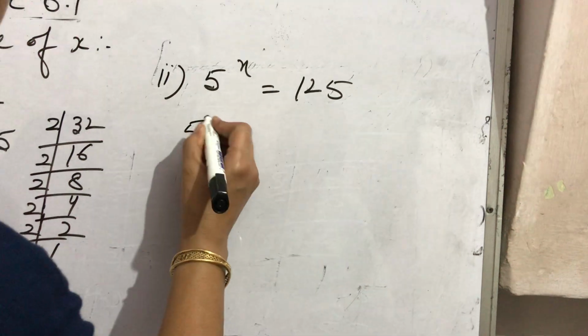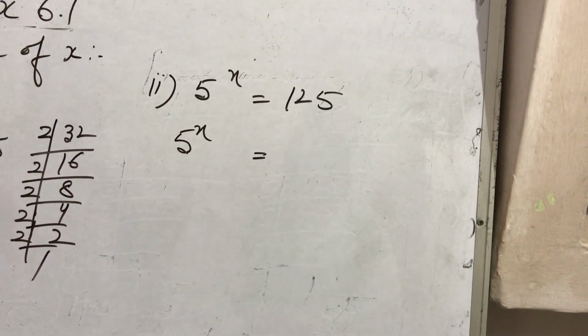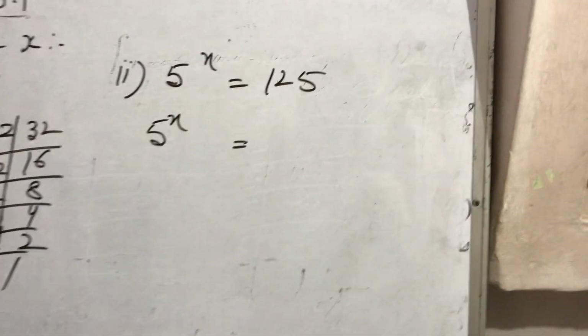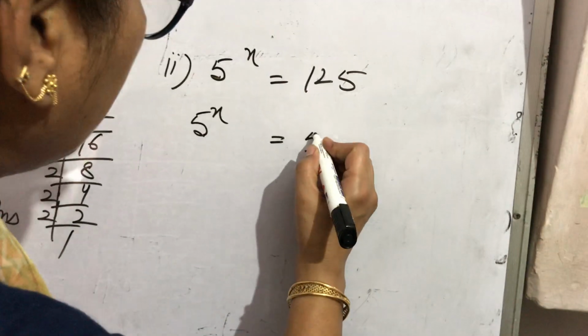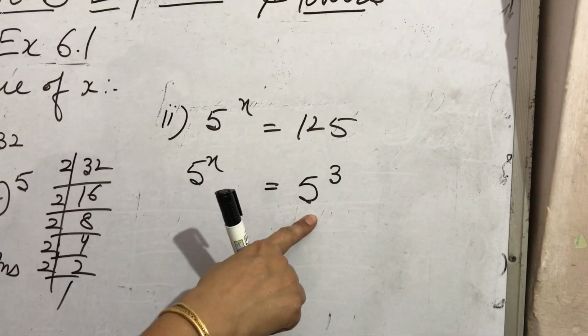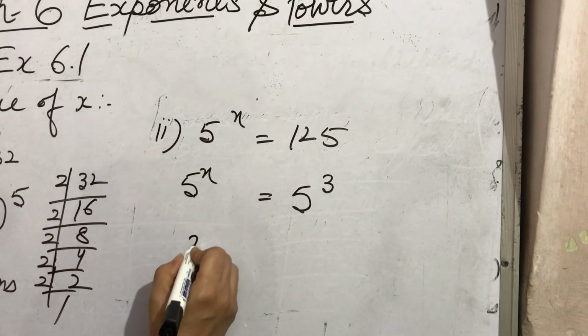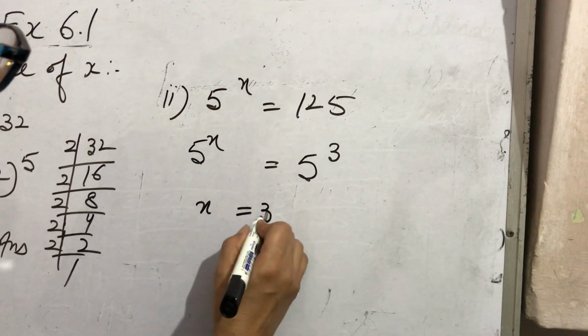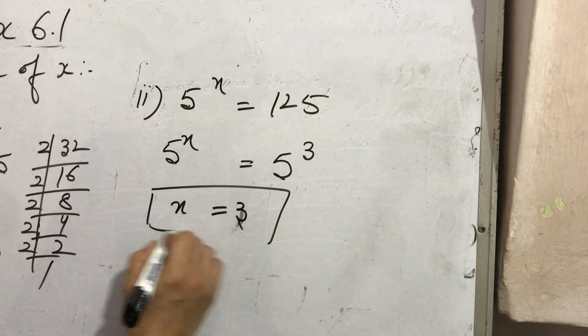So 5^x equals 5^3, which is 125, because 5 fives are 25 and 25 fives are 125. Again, the bases are the same, so the powers should be equal. So x is equal to 3. This is the answer.